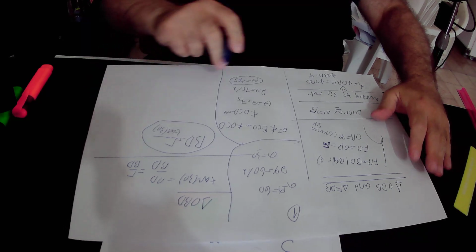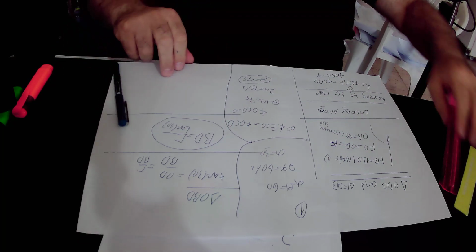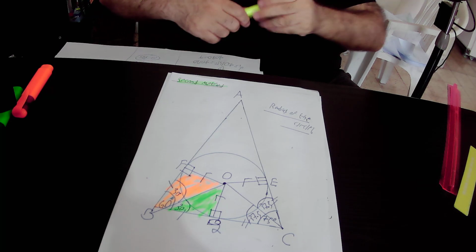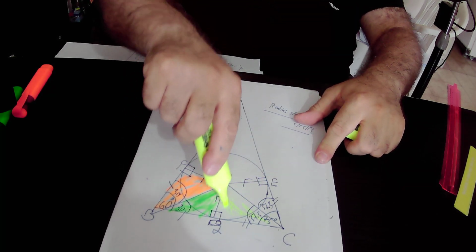In the next step, we will focus on the yellow right triangle, triangle ODC.